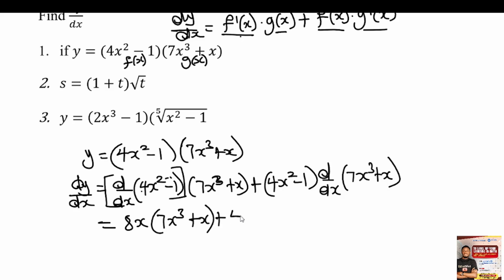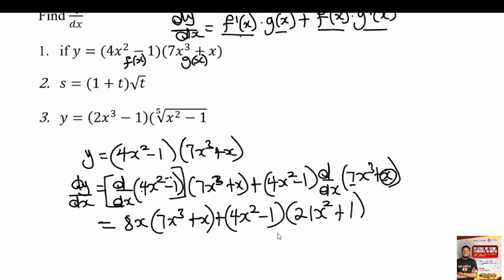Then we keep this first one constant, 4x squared minus 1. We differentiate the second one. So 7 times 3 gives us 21 times x squared, plus, then we differentiate the 6, we get 0.